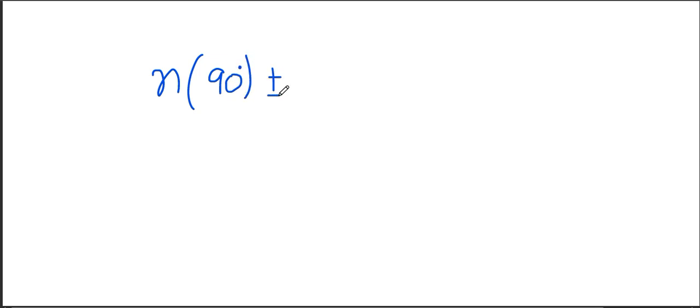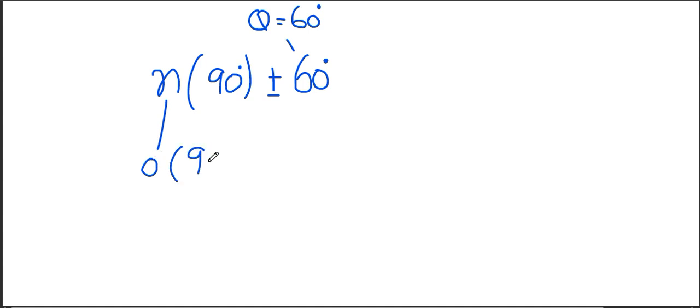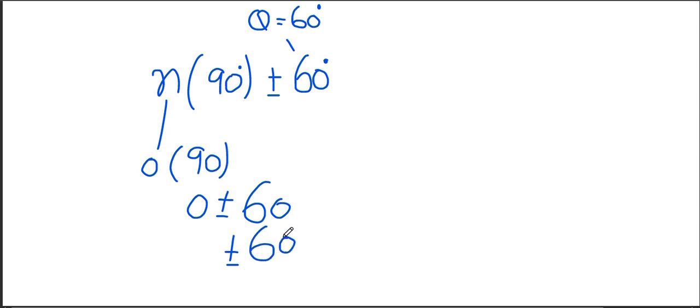Now add and subtract both with the angle 60. My asked question is to find theta of 60 degrees. How will I do that? The simple way is to first start with 0. 0 multiplied by 90 is 0 again, so you don't have to consider this. 0 plus or minus 60, so plus and minus 60, will be my answer.